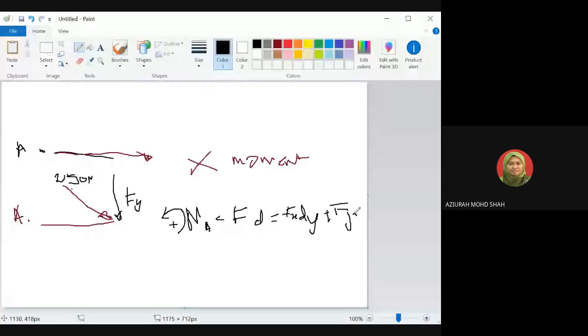And because component x does not produce moment, jadi kita tak payah kira lah yang ini. Okay, jadi kita cuma perlu ambil tahu Fy sahaja.